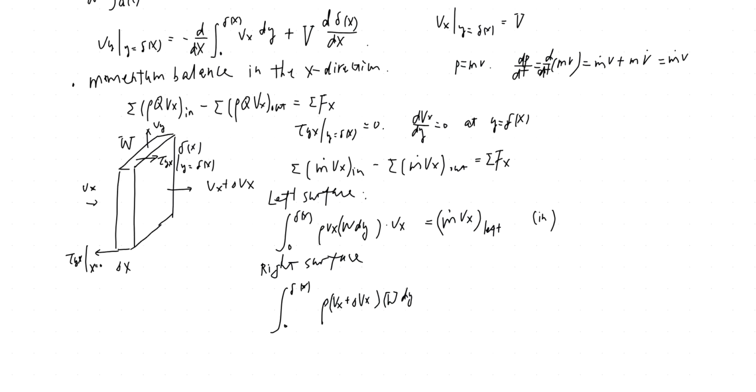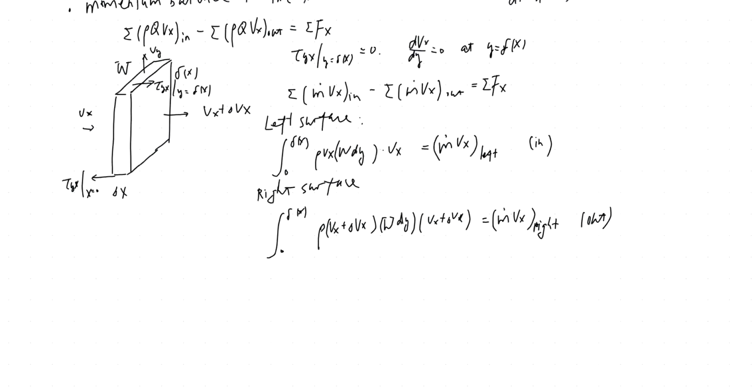And then multiplied by the velocity on the right surface, which is Vx plus delta Vx. So this is m dot Vx on the right surface. This is an out term, momentum transport out of the surface.